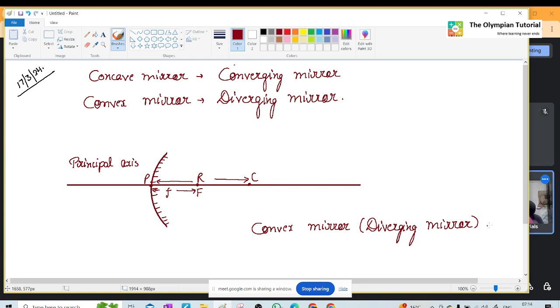Make this diagram. Concave mirror, convex mirror we made.